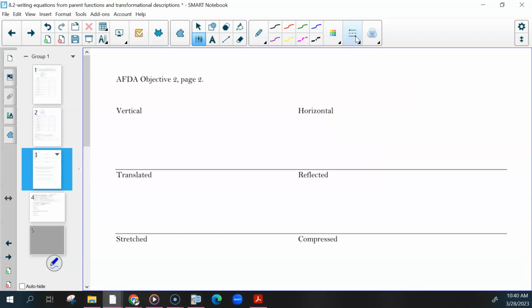So for vertical, that's our up and down things. Those affect the y values. And I'm going to put a little side note that will really help us later. Right now it won't really make much sense. But those will be things that are outside.